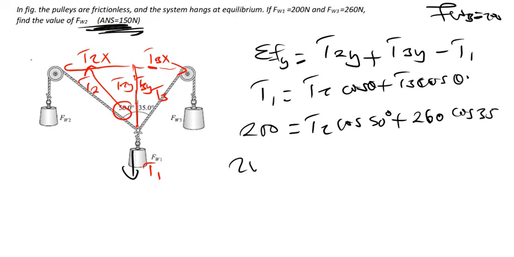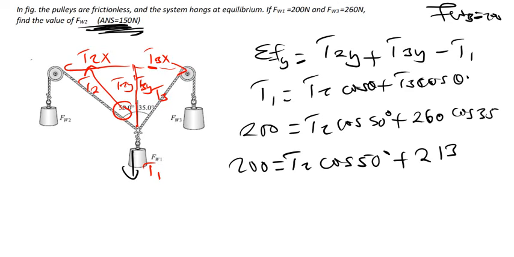So 200 will be equal to T2 cos 50 degrees plus 260 cos 35, which is 212.97, the same as 213.